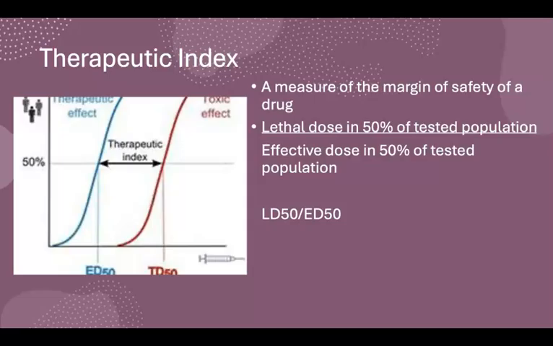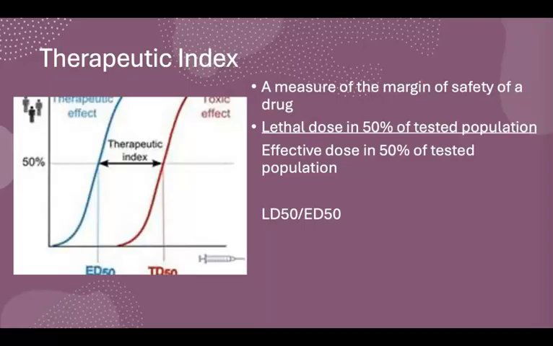We also talk about the therapeutic index. Now, this is a measure of the margin of safety for a drug. It's determined by a ratio, and you're looking at the lethal dose in 50% of the tested population divided by the effective dose in 50% of the tested population.